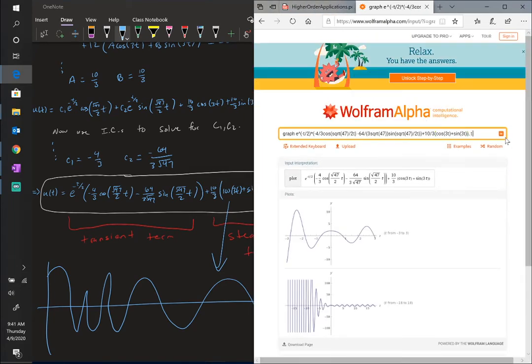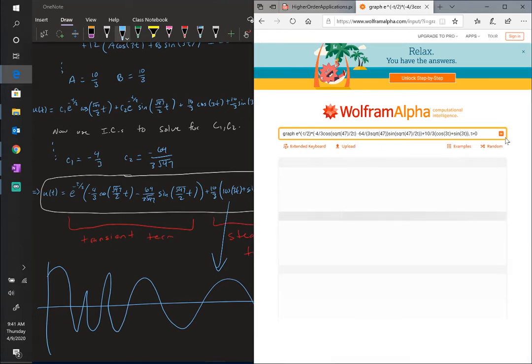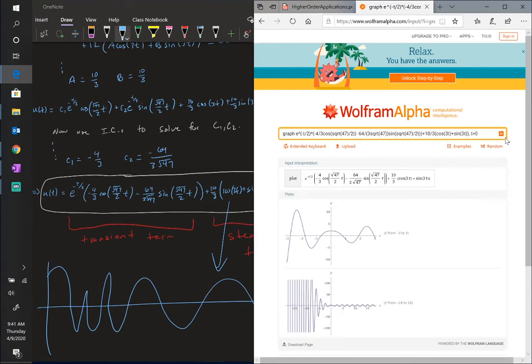And I'll look at it for t greater than 0. So you can kind of see this graph down here. It starts off by doing some weird oscillation stuff, but then eventually the steady state term takes over and it just does a normal sine wave oscillation.